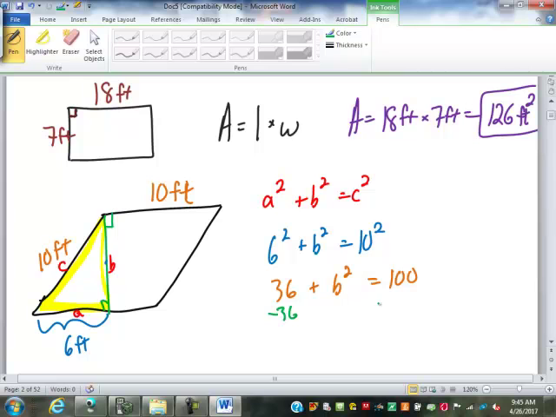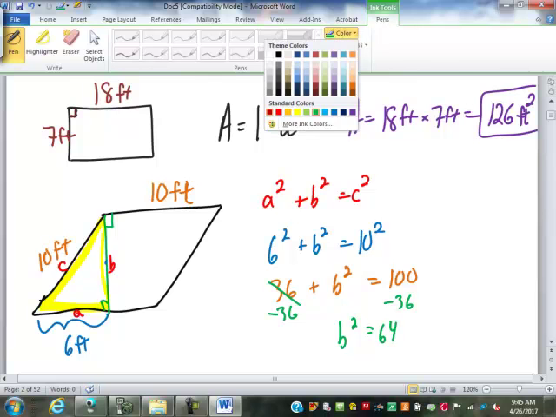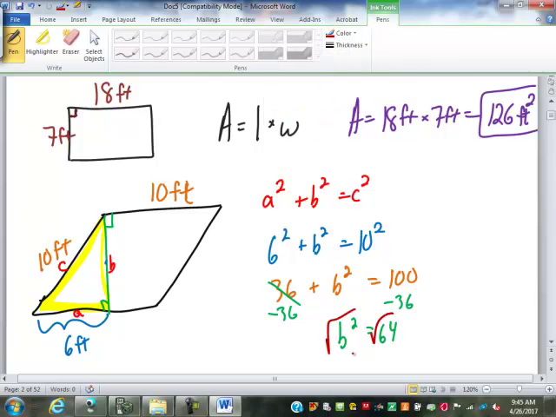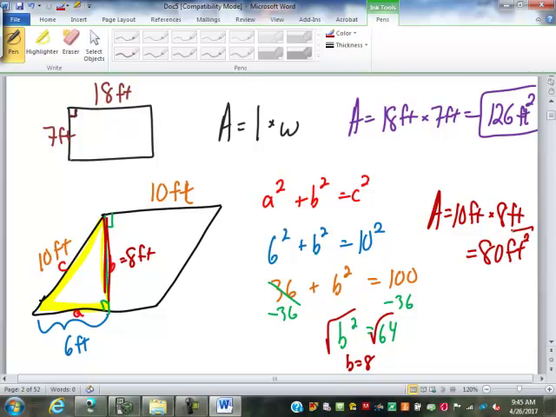We subtract the 36. So we have B squared is 64. And finally, we square root. B is 8. So this is 8 feet here. So the area of that is 10 feet times 8 feet, or 80 square feet.